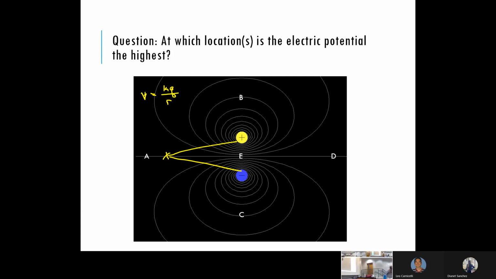And just like the electric field, just like forces, the electric potential will also obey superposition. So if I want the total electric potential at this field point that I've chosen, I can add up the electric potential due to each of the individual source charges.